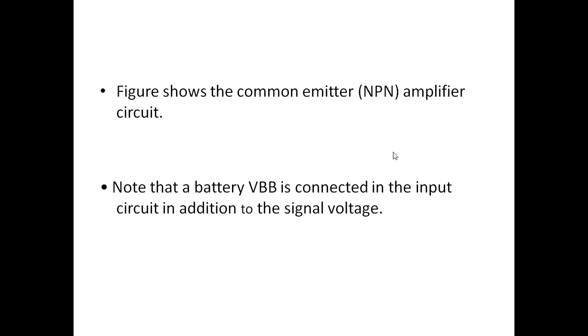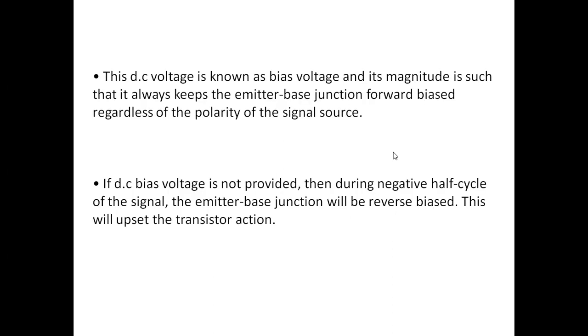Note that a battery VBB is connected in the input circuit in addition to the signal voltage, where the signal voltage is an AC signal. This DC voltage is known as the bias voltage, and its magnitude is such that it always keeps the emitter base junction forward biased regardless of the polarity of the input signal source.